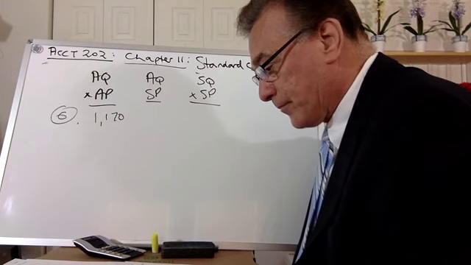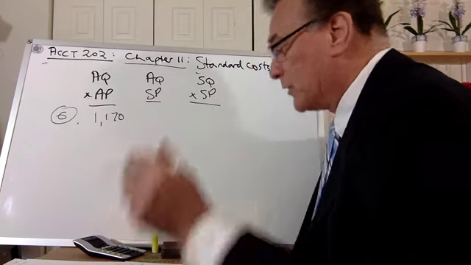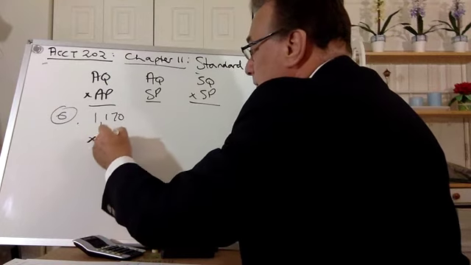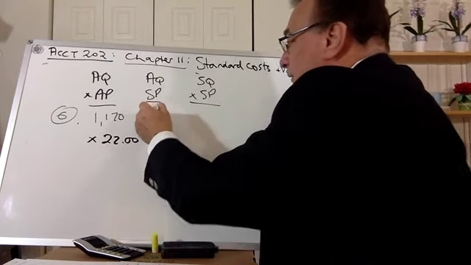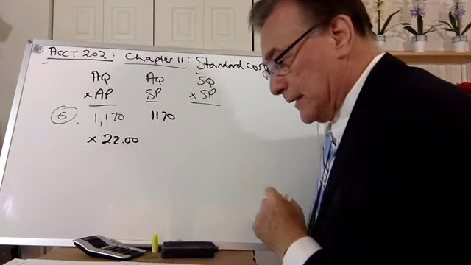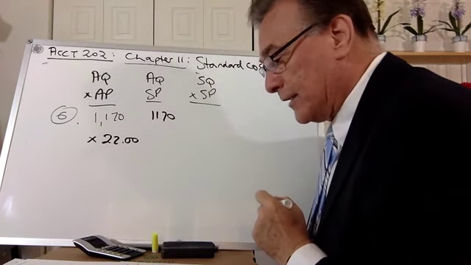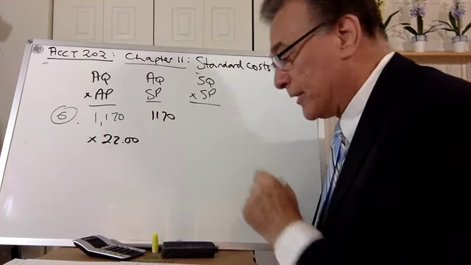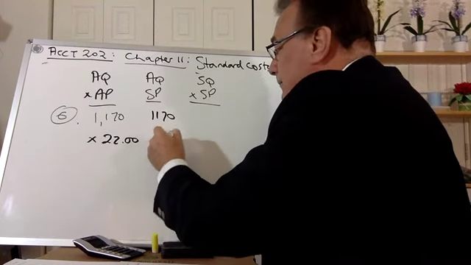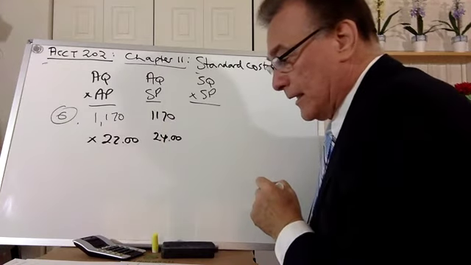The manufactured overhead rate last month was $22. Put your 1170 here as well. And it says here that the standard variable manufacturing overhead rate used by the company is $24. Put that there.